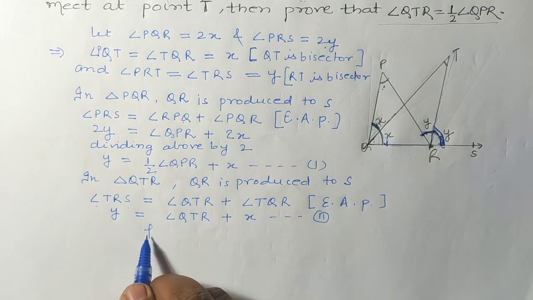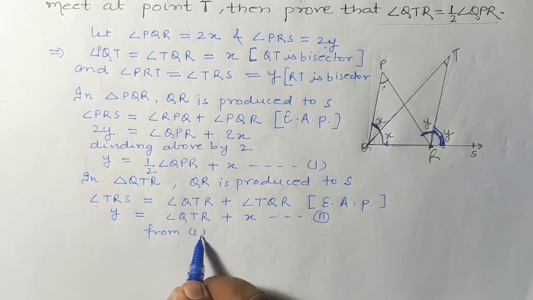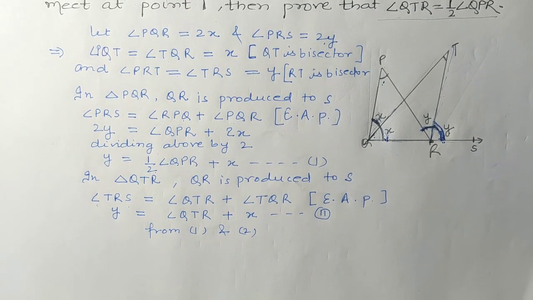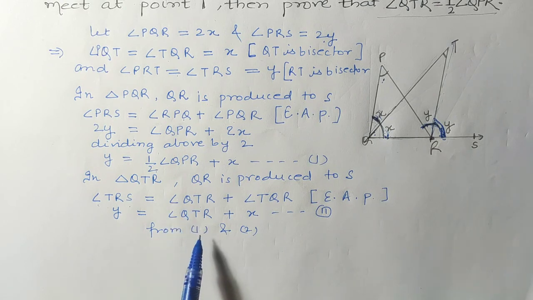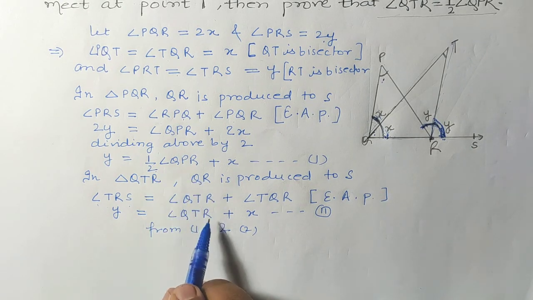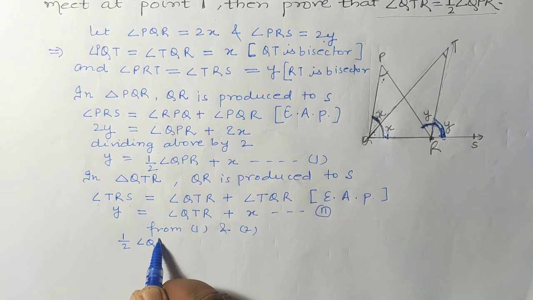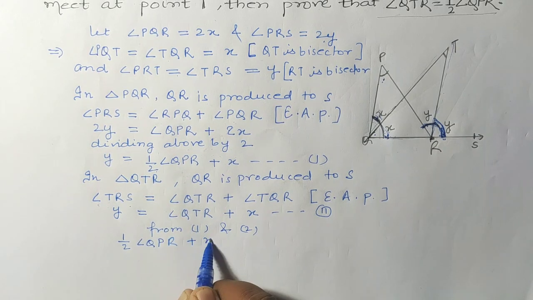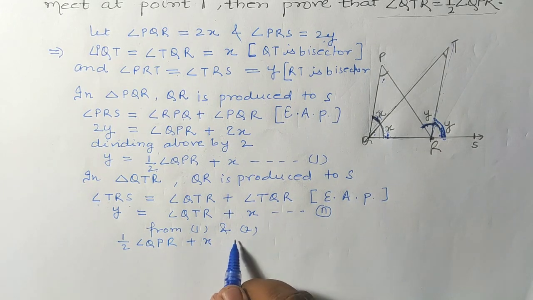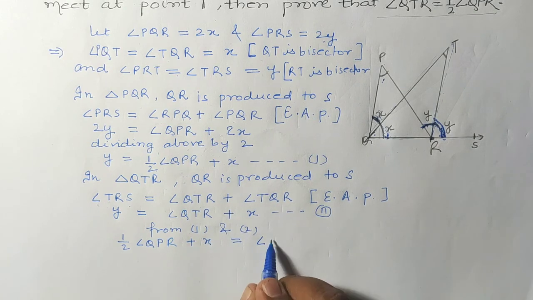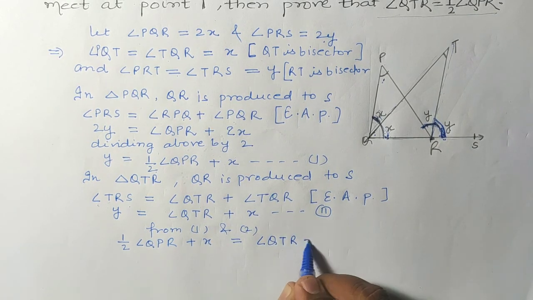So from 1 and 2, by the concept that things which are equal to the same thing are equal to one another, we can equate their right hand sides. The right hand side of the first equation is half of angle QPR plus x, which is equal to the right hand side of the second equation, angle QTR plus x.